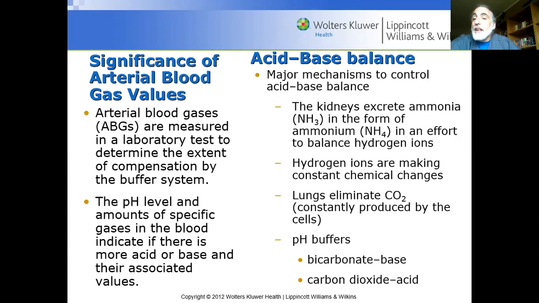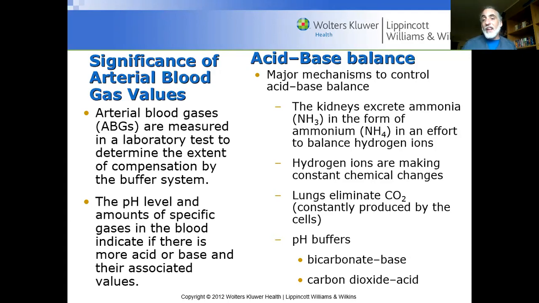So increased levels of CO2 can cause acidosis. Decreased levels of CO2 can cause alkalosis. These are respiratory causes. Kidney dysfunction, increased excretion of ammonia or bicarbonate, or decreased excretion of either one, can cause acidosis and alkalosis.